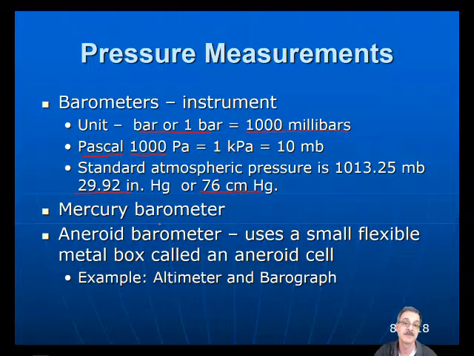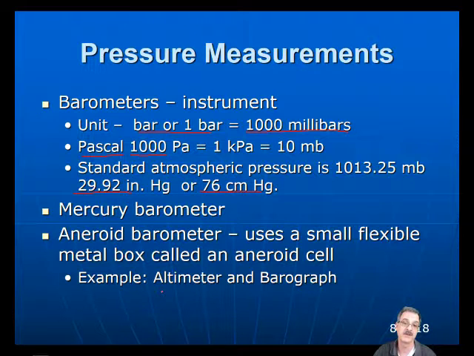Another type of instrument to measure pressure is an aneroid barometer, which is a small flexible metal box called an aneroid cell. When atmospheric pressure changes, this box will expand and contract. If you get high pressure, it will contract, and under low pressure, it will expand. We can watch this and refer to it as changes in pressure.